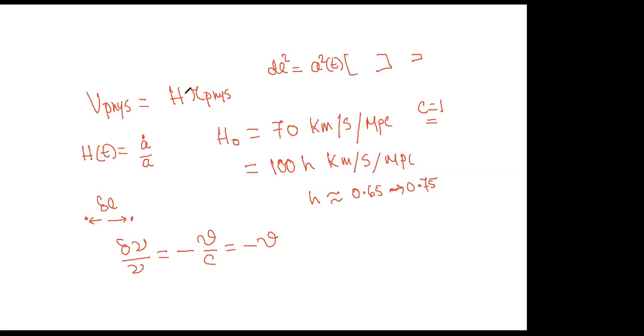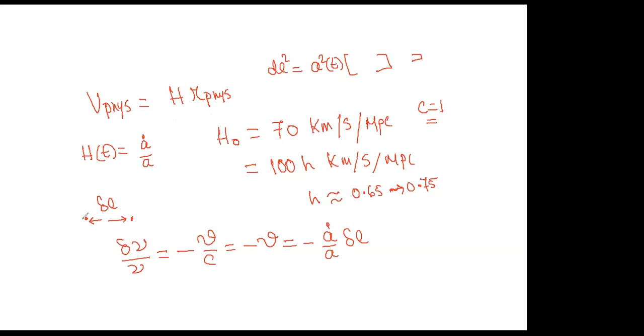We already know this v: it is a dot by a times the physical distance delta L between these two. So this is basically minus a dot by a into delta L, because H is a dot by a. And what is delta L? It is the distance the photon travels.